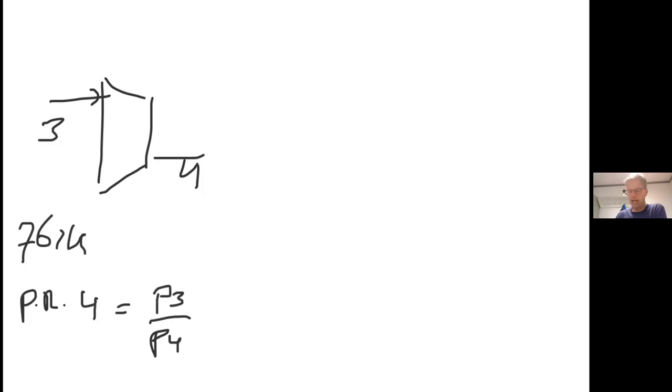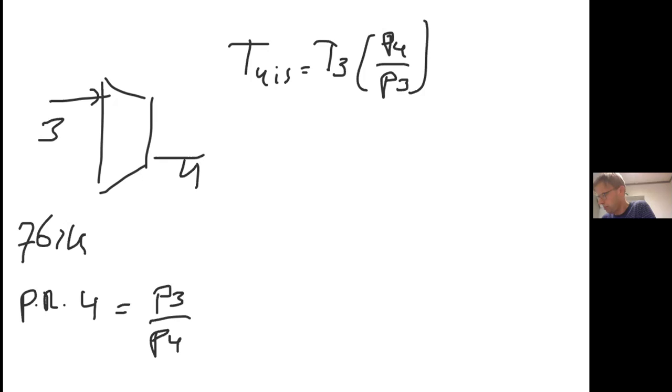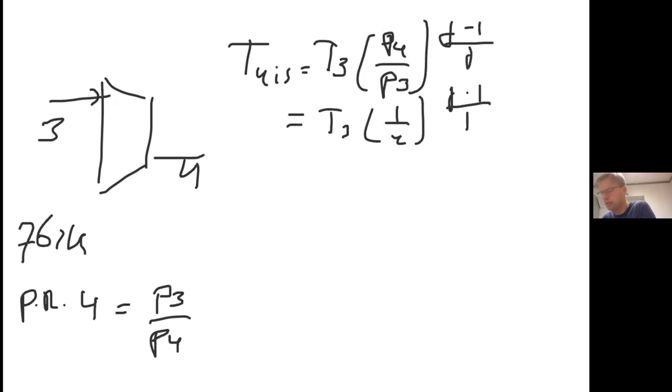If you work that out in this case, T4 isentropic is T3 times (P4 divided by P3) to the power (gamma minus 1) over gamma, so T3 times 1 over 4 to the power (gamma minus 1) over gamma.